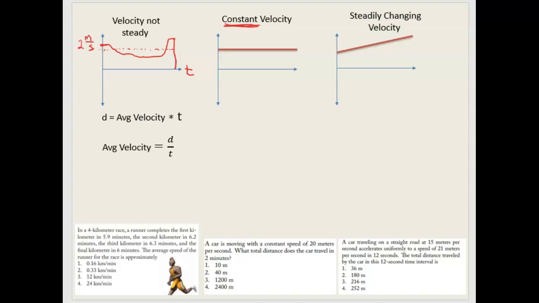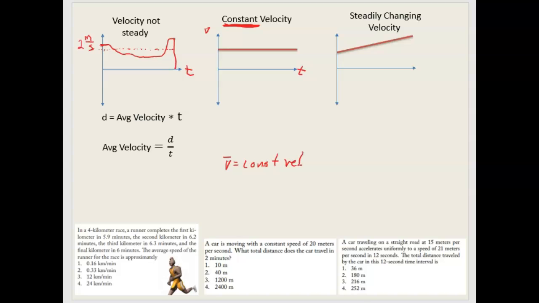What's important to know is that when you're moving at a constant speed or constant velocity the whole time, so you never go any slower or faster, my average velocity, which I can use in my equation, distance equals average velocity times time, is equal to my constant velocity.